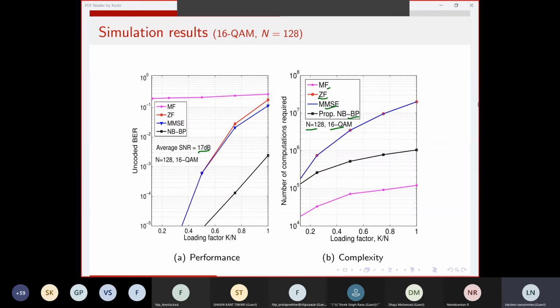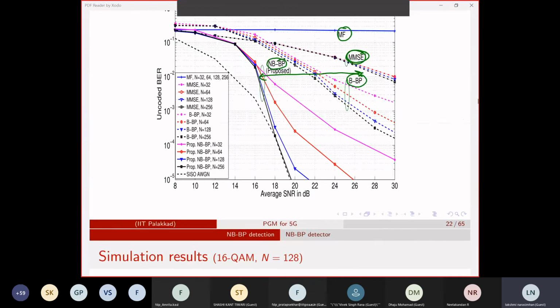So the gap is also huge here. Almost 1 million operations are used for the belief propagation method. At the same time, almost 20 million operations are used by MMSE to perform the demodulation, but the performance is extremely poor.